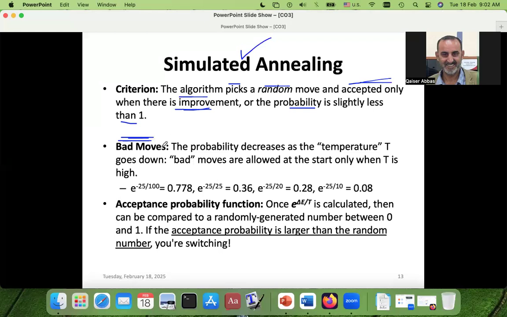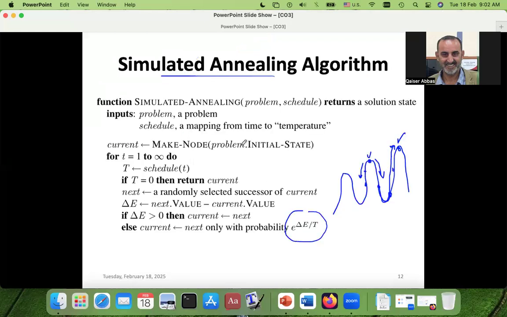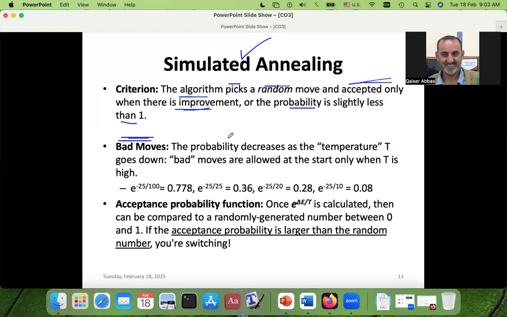For these bad moves, we are saying that this probability value, e raised to the power delta E divided by T, will decrease as the temperature goes down. When the value of temperature goes down, the value of the probability also decreases. This is written in the literature. I provided some examples here.